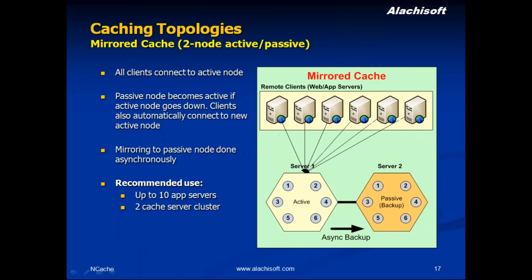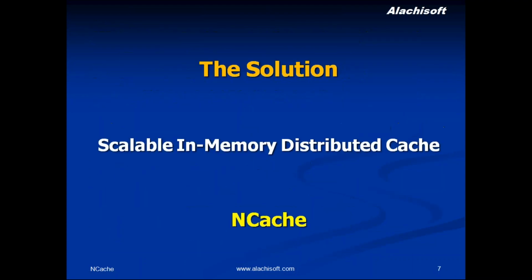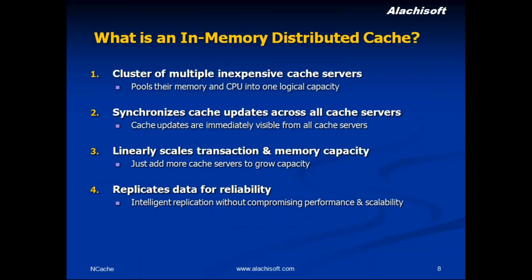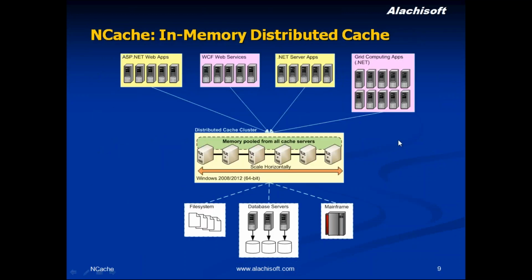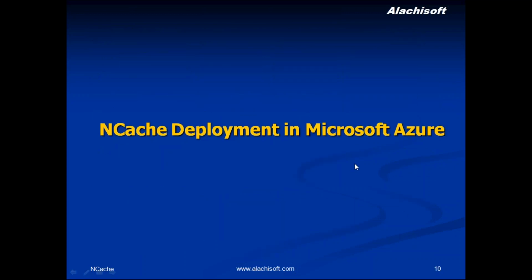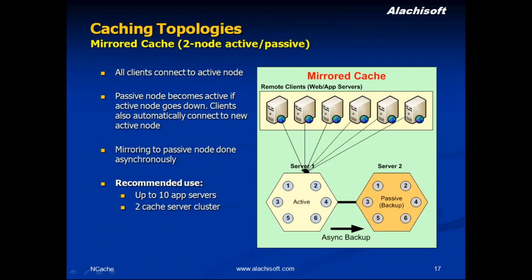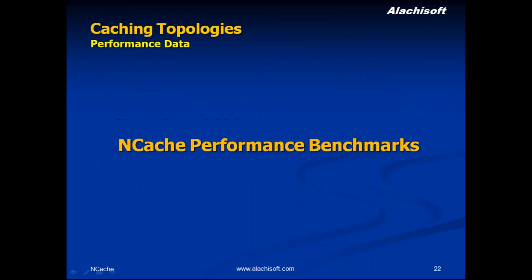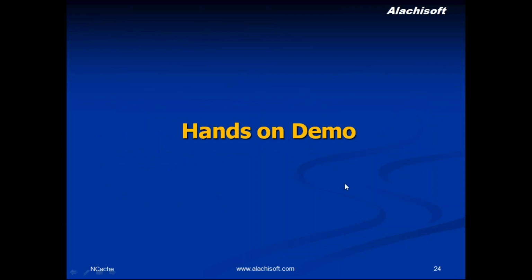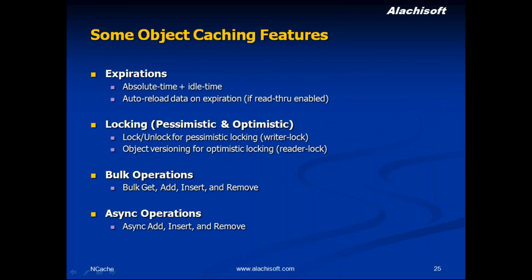But just to reiterate, we've covered some basic details about scalability issues, talked about in-memory distributed caching as a solution, talked about deployment in Microsoft Azure, different use cases, clustering support, and topology support within NCache, and we had a specific hands-on demo on how to get started with NCache in Microsoft Azure.